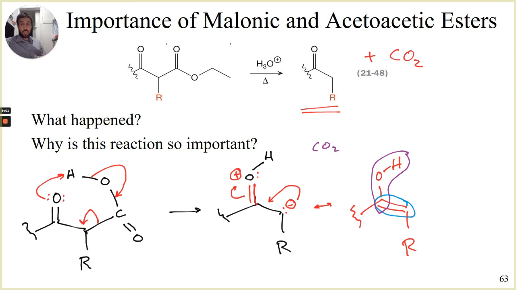That enol must form in the course of this reaction, which means when we backtrack outwards, there's our negative. That negative needs to be forming on a carbon that is alpha to the carbonyl. This occurs when we have an alpha beta diketone, or dicarbonyl.